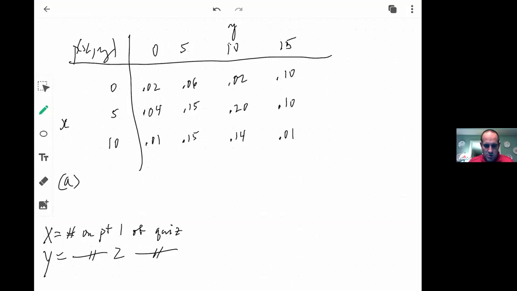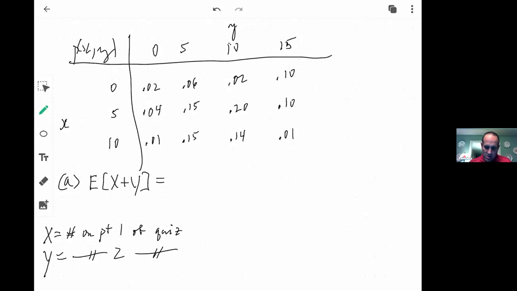Okay, the total number of points earned is going to be what? Well, X plus Y. So they said the expected recorded score. So that means they want the expected value of X plus Y. Okay, so what is that going to be?